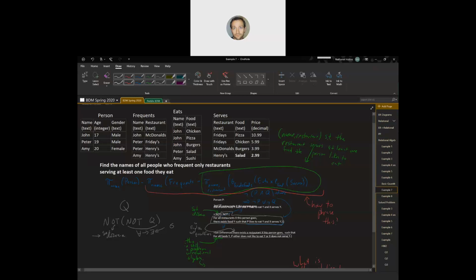That's an open question. Anybody can take it. We are taking the restaurants that people go to and only want to keep those same restaurants where the food they eat is served at the restaurant they go.